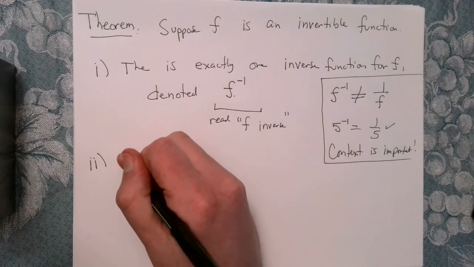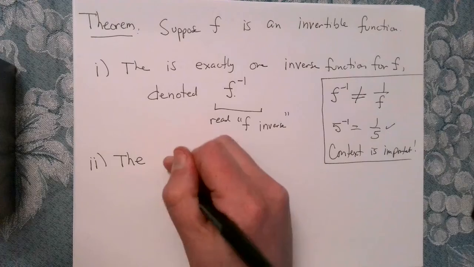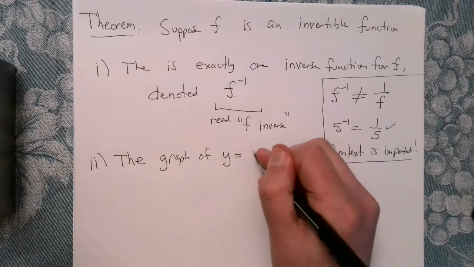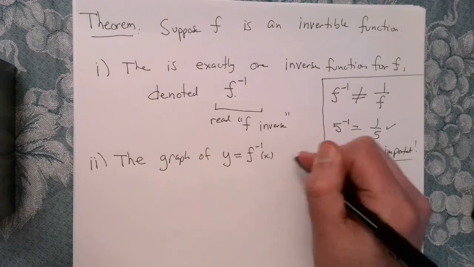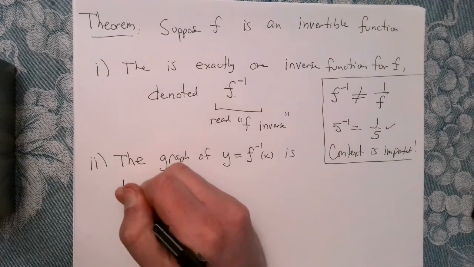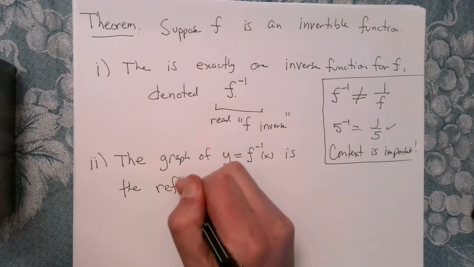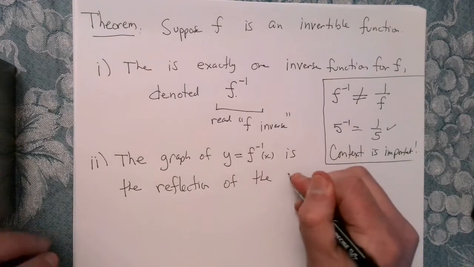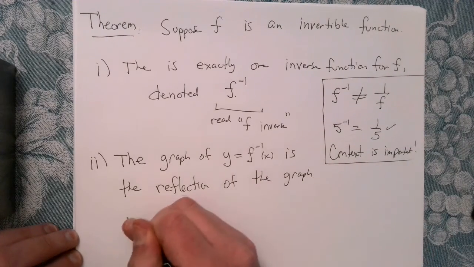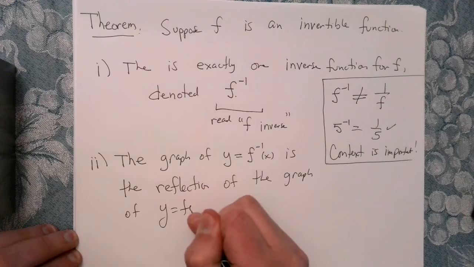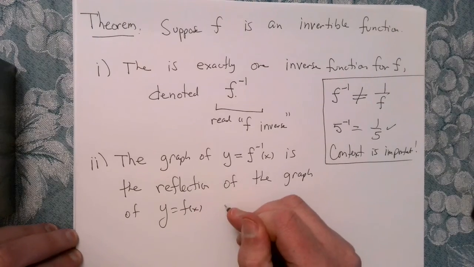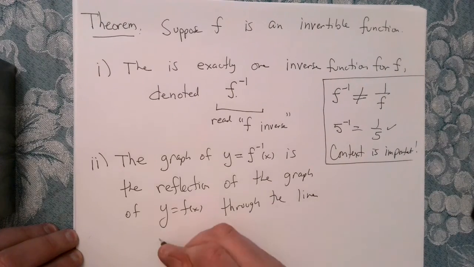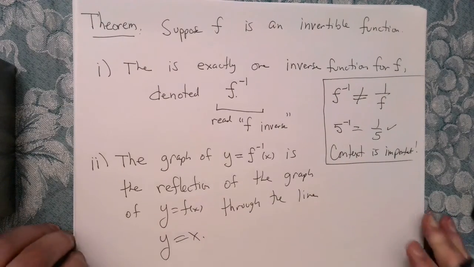And we're going to just note something that we observed earlier. The graph of y equals f inverse of x is the reflection of the graph of y equals f of x through the line y equals x.